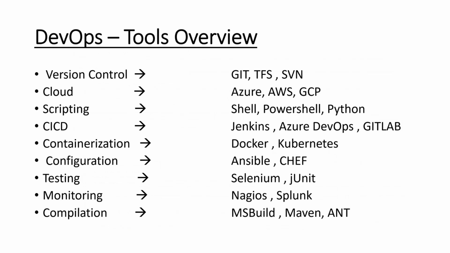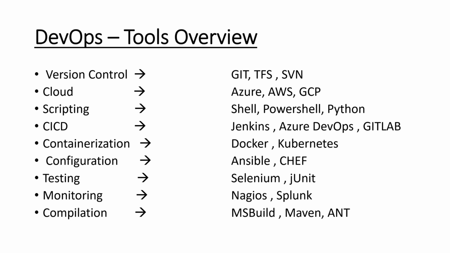These are the DevOps tools overview, which I gave you already. I'll talk briefly again. Version control means that if, suppose, I make a check-in today, it will be named 1. Tomorrow I make a check-in to the same code, it will be 2. That is tracking the code.